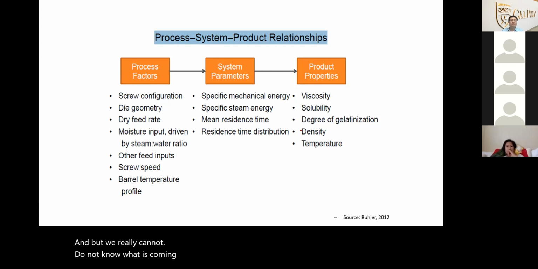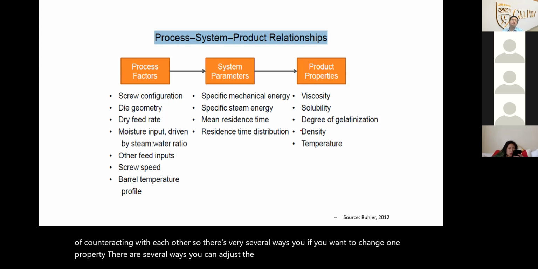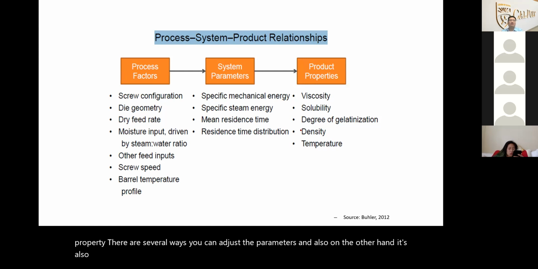There are a lot of factors counteracting with each other, so if you want to change one property, there are several ways you can adjust the parameters.